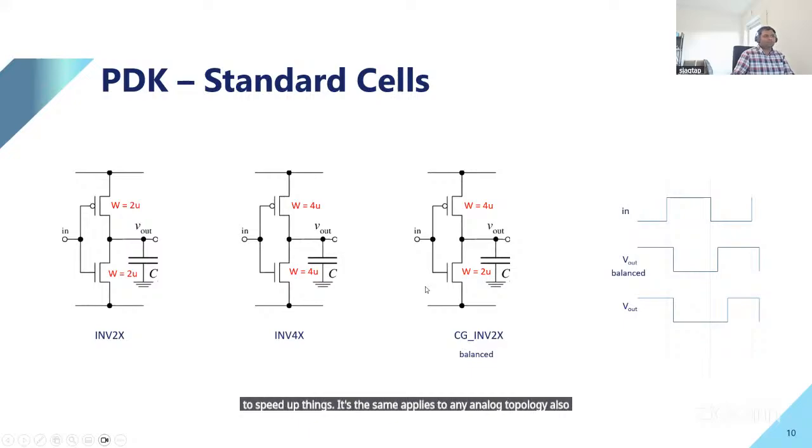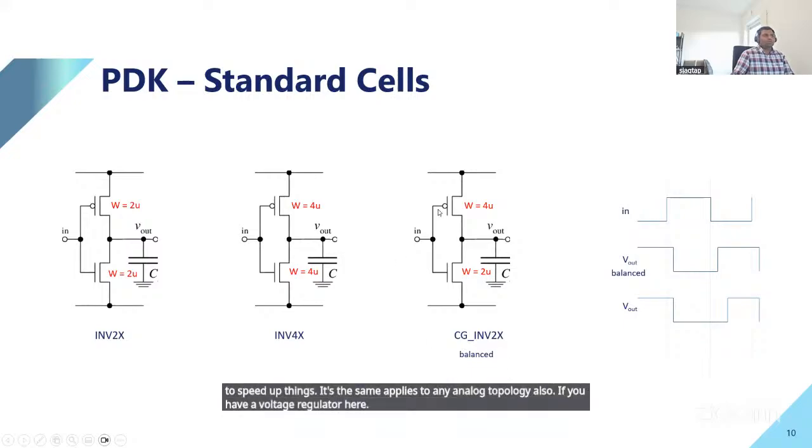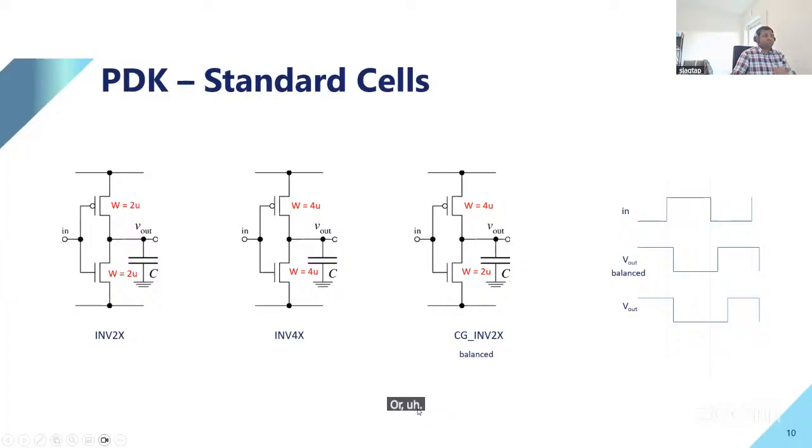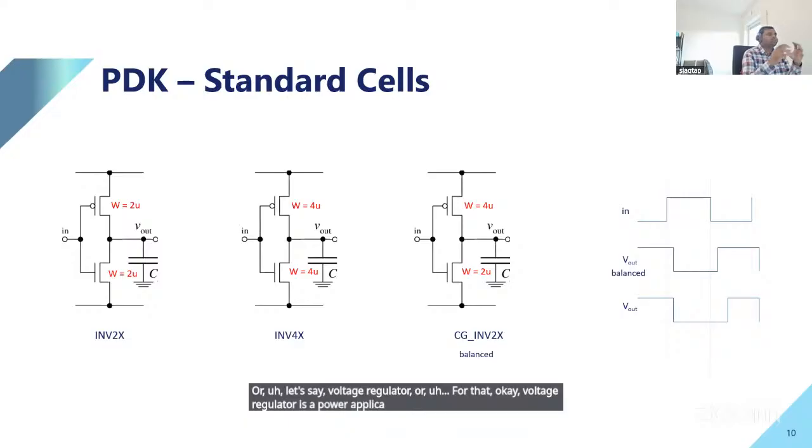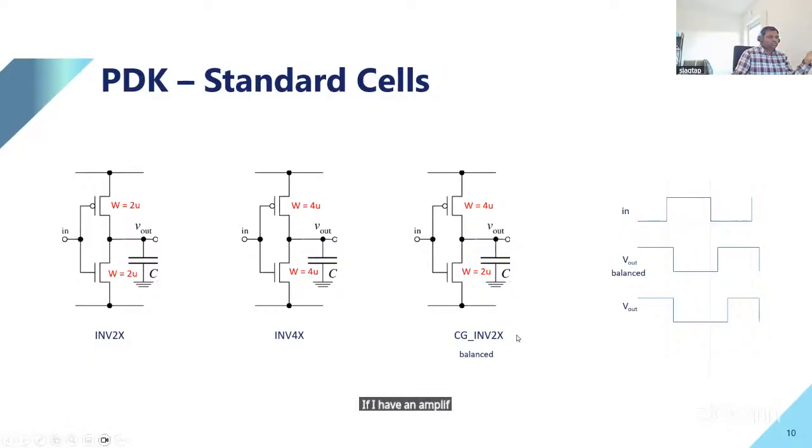The same applies to any analog topology also. Voltage regulator is a power block, but if I take any module, let's say an amplifier, in a given topology I have an input and output. So I need timing information.